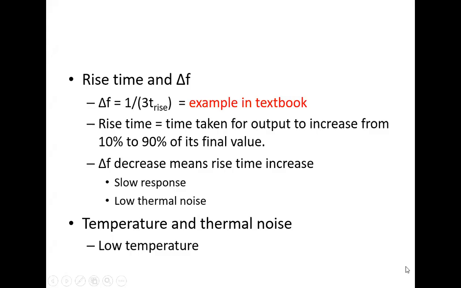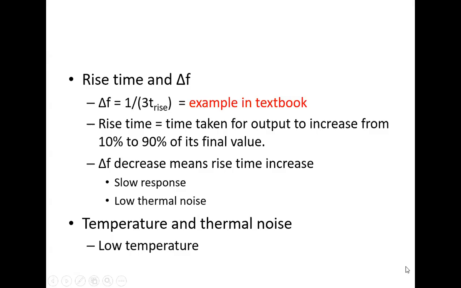U bar RMS, the root mean square, is equal to the square root of 4kTR delta F, where k is the Boltzmann constant, T is the temperature, R is the resistance, because you are measuring that within an instrument, and delta F is the bandwidth, right? So notice those parameters.